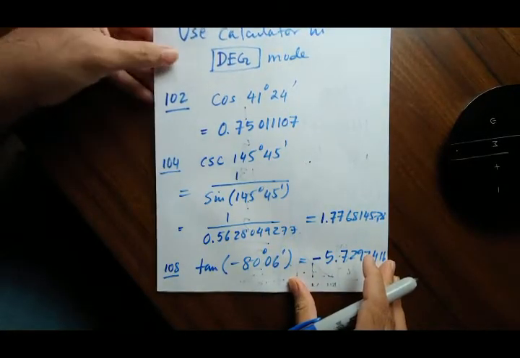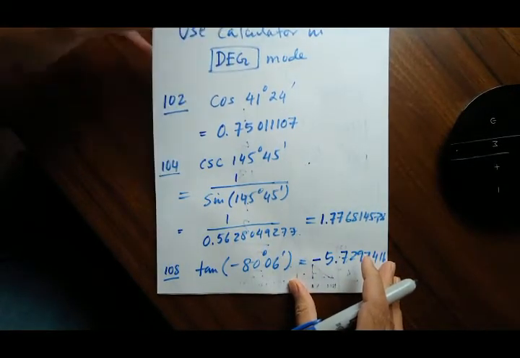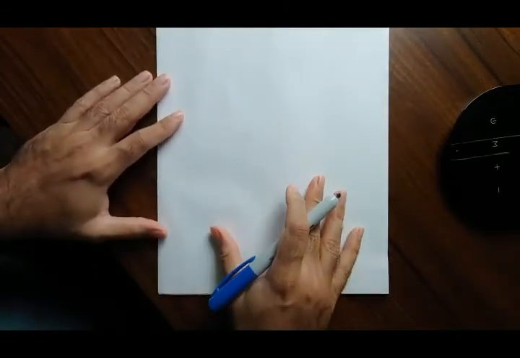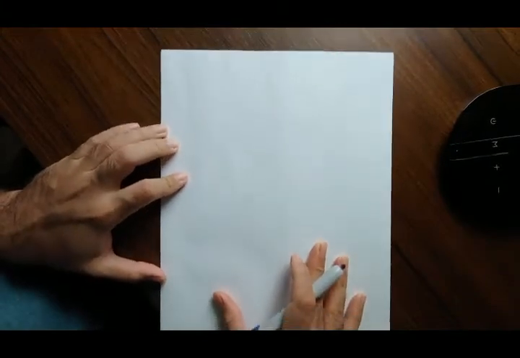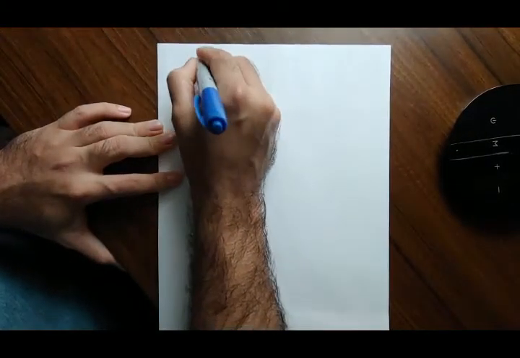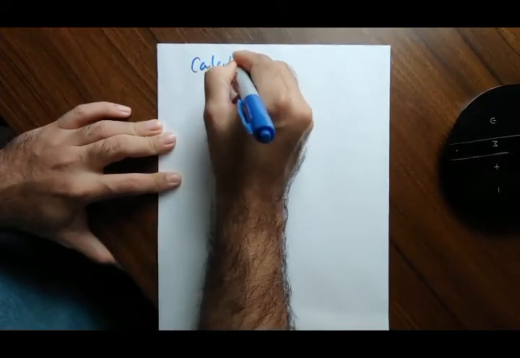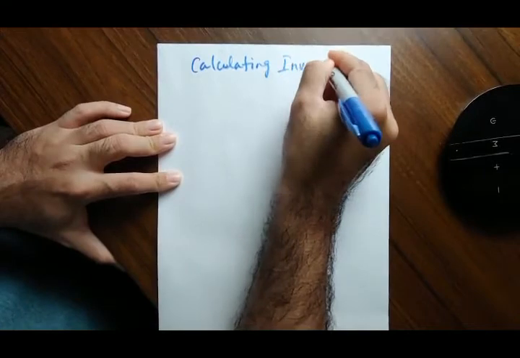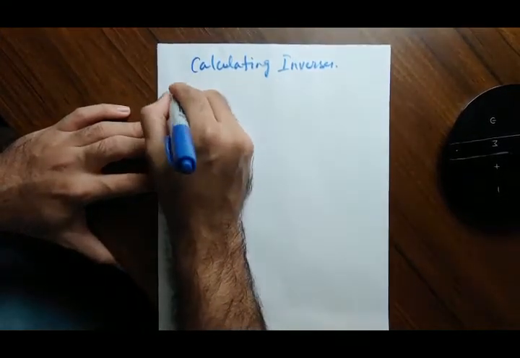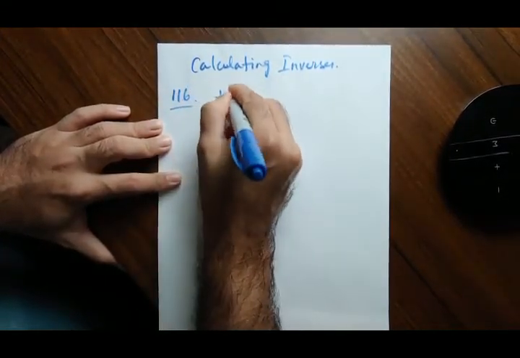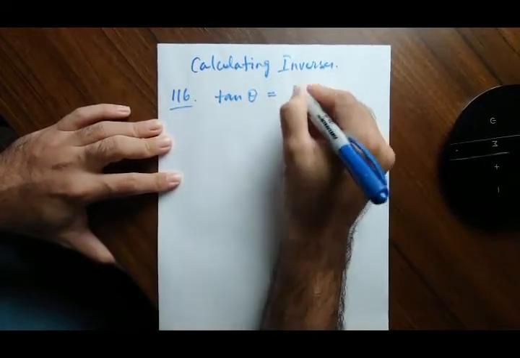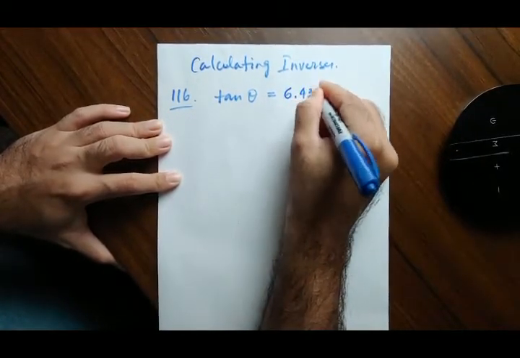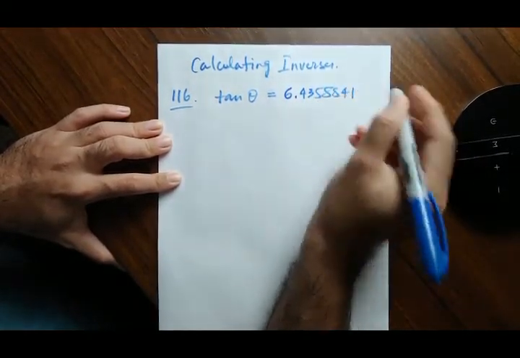Let's move on to the inverse function. For the following problems, we want to calculate the inverse of these functions. So calculating inverses, how will you do that? 116, tan theta equal to 6.4358841.